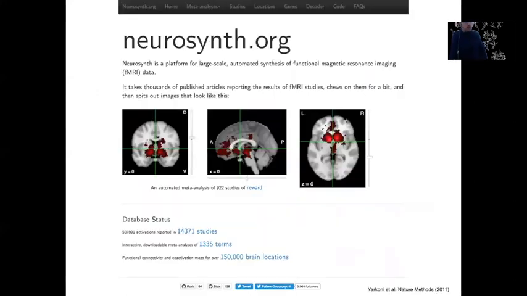So we collected all the maps and manually curated all the maps from Neurosynth that I mentioned to you several times, which is a website that collects all the functional MRI activation and creates meta-analytic maps, which are, you know, solid reports of the areas that are functionally activated during specific tasks.